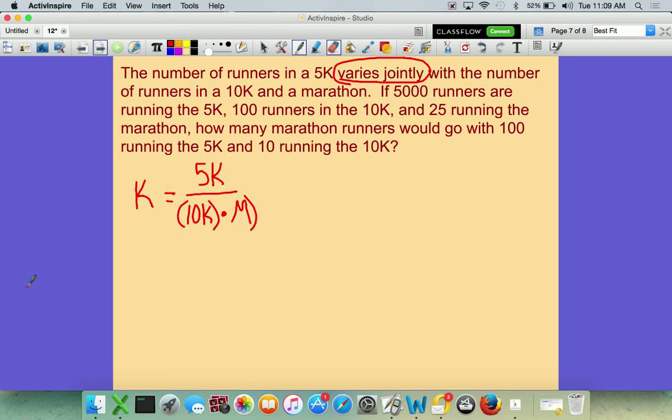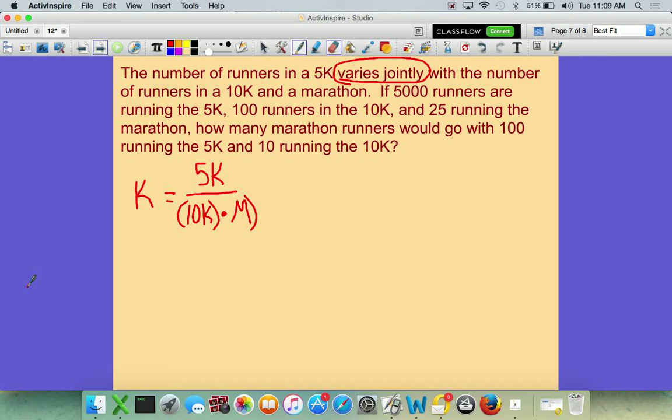If 5,000 runners are running in the 5K, 100 in the 10K, and 25 in the marathon, how many marathon runners would go with the 100 running the 5K and 10 running the 10K? Lots of numbers up here. We need to use our first situation to solve for our constant.